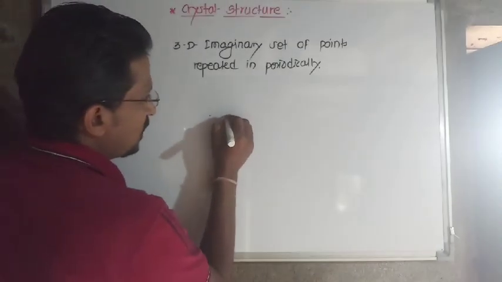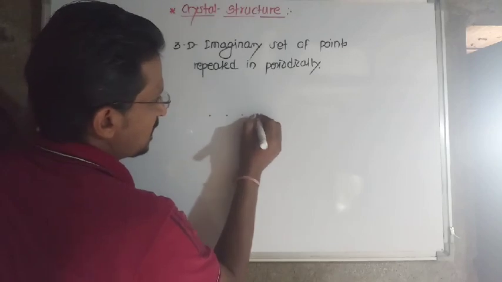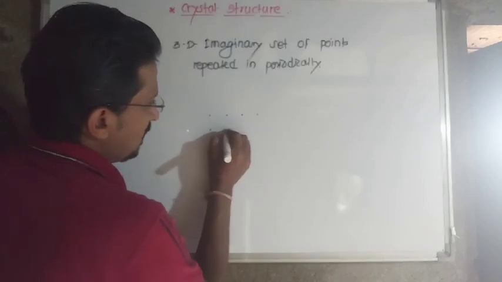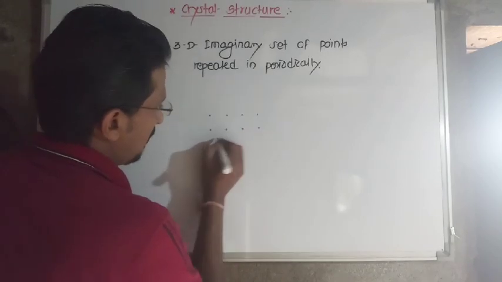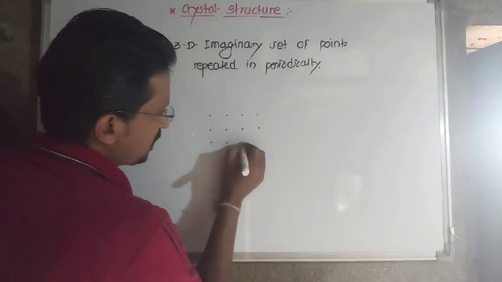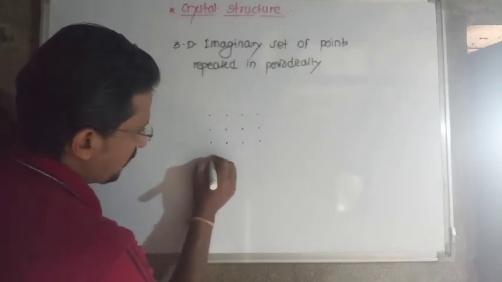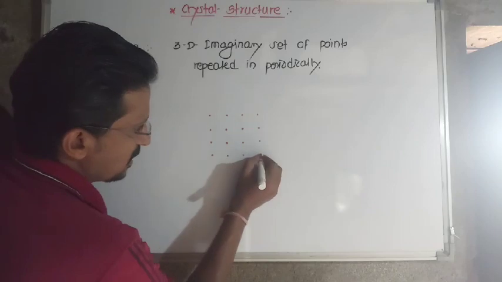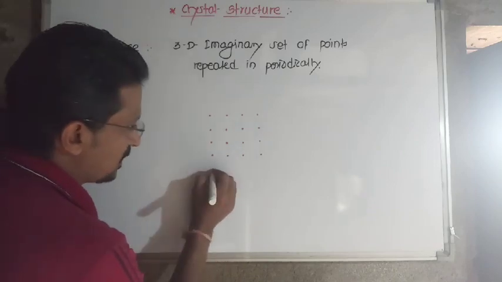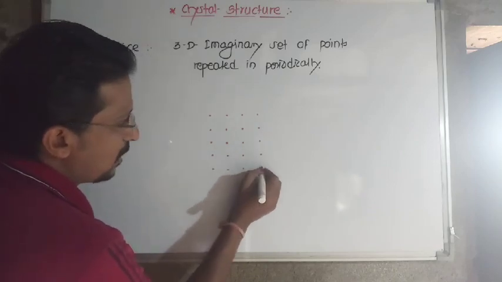Just see here how a lattice can be explained. Suppose these are the points, and I repeat these points. Actually, what I am showing here is in two dimensions, along the x-axis and along the y-axis.